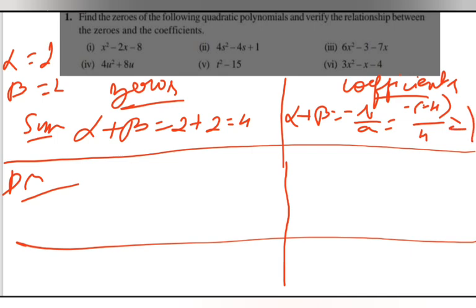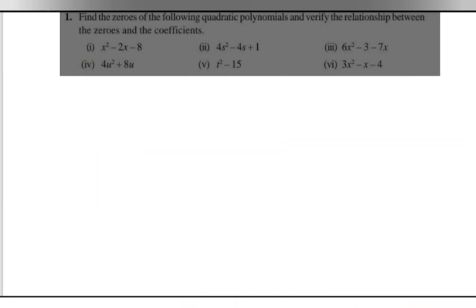Oh, I'm extremely sorry guys, wait for a second. Actually we took this as the assumed one, so minus 2 and minus 2. Here we have to do one thing.